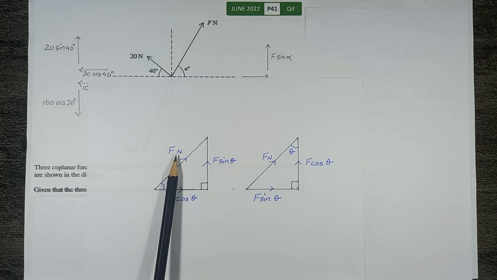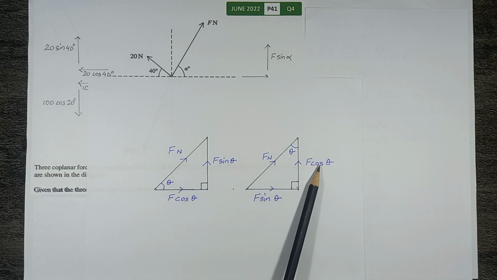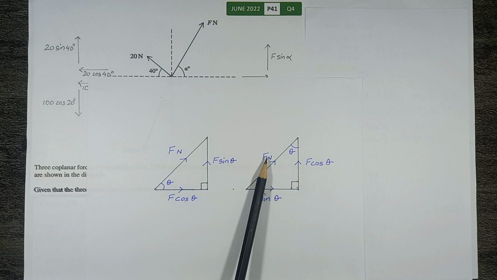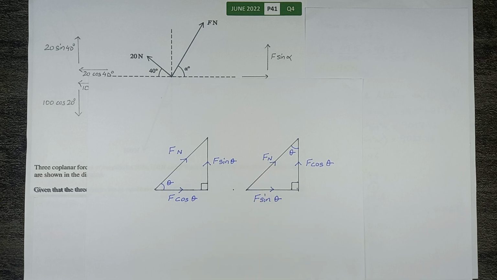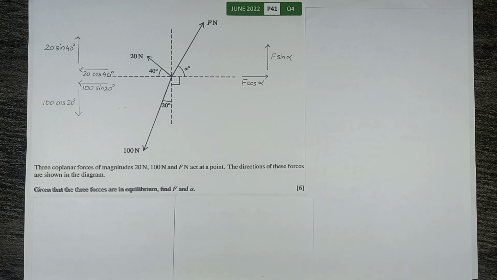But if the angle is over here, then the side next to it would be a cos component of that particular force and the opposite would be a sine component. That means it is not like that the horizontal component is always a cos component. It depends upon where the angle is.